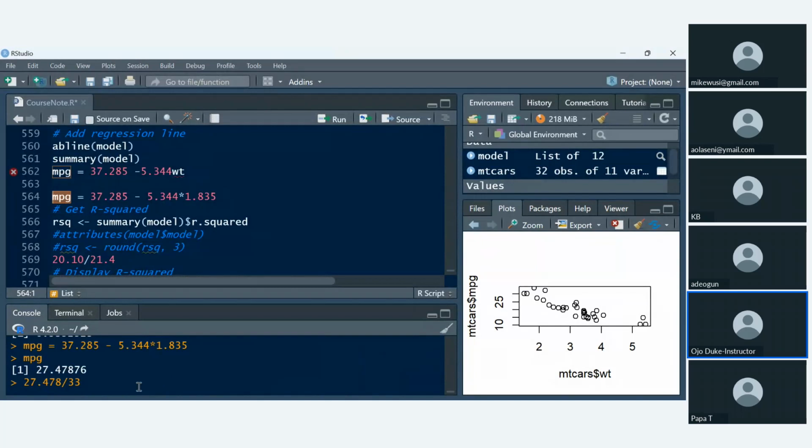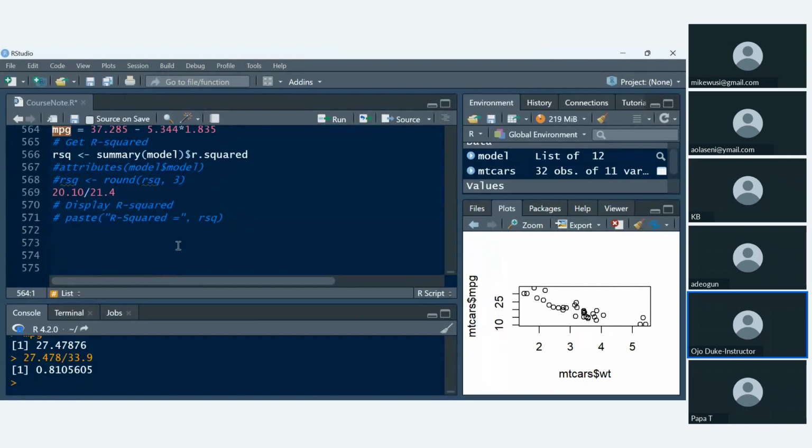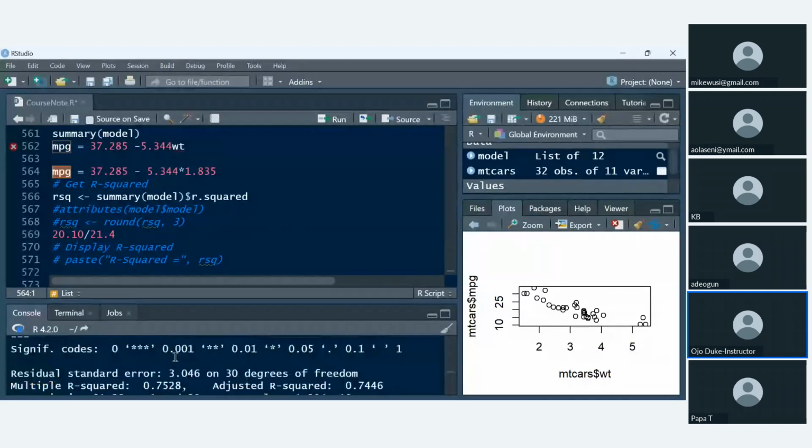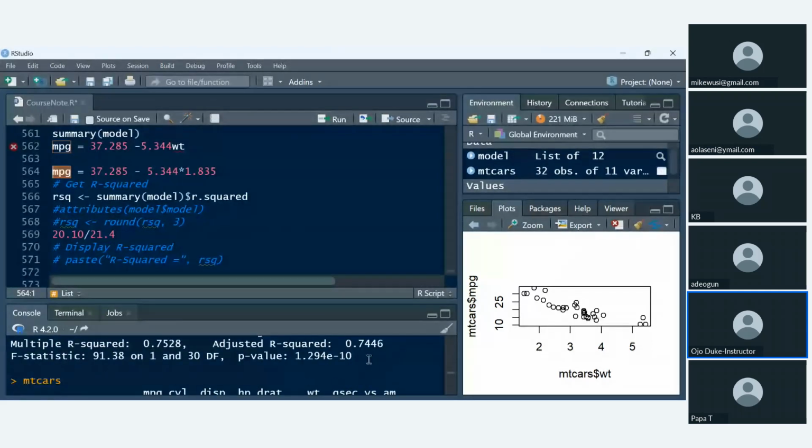33.9. These are the extreme cases. What does it give us? It still gives us 81% accuracy. The least you are going to get, from what our R squared gave us, will not deviate below 75% accuracy correlation.